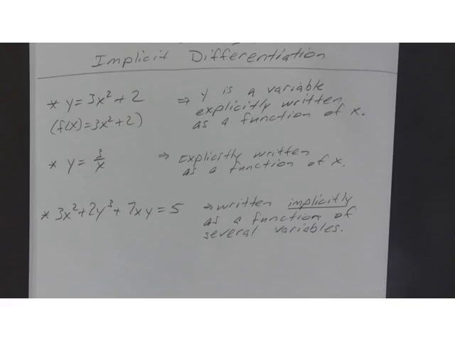Okay. So even though our implicit equation is a jumbled mess of x and y variables all crammed in there, we can still find the derivative of it.